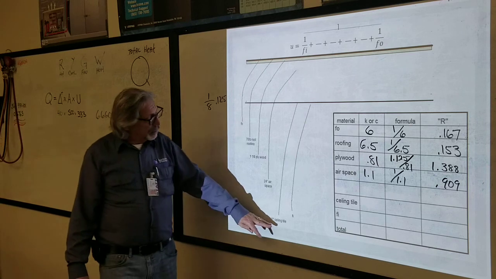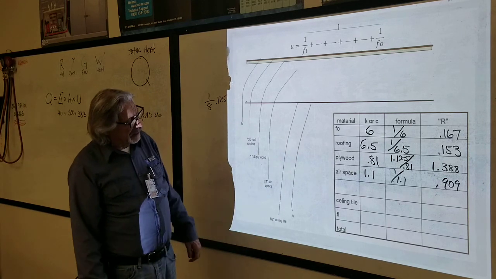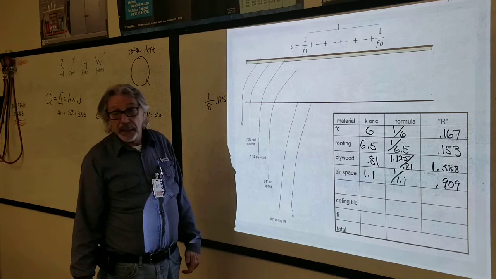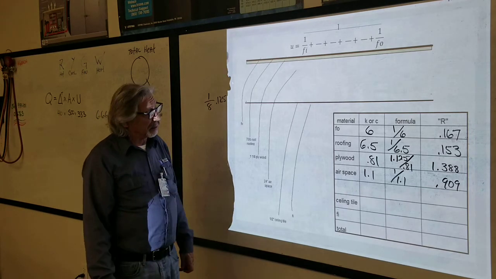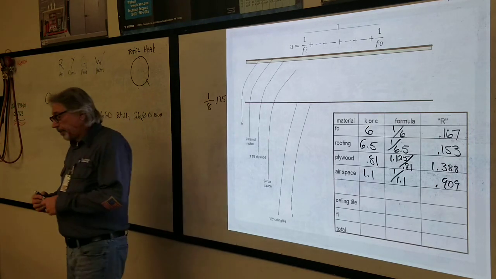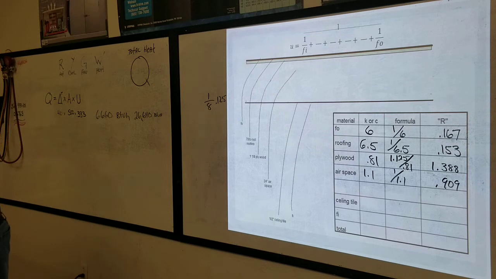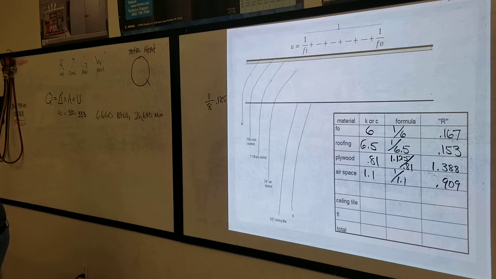Okay, so next component we have is a ceiling tile, right? What's ceiling tile? Acoustical tile.